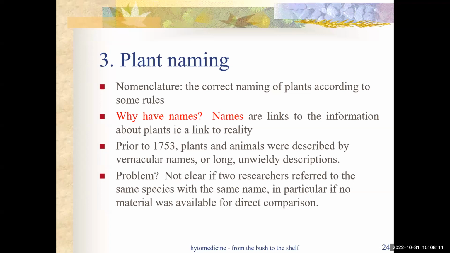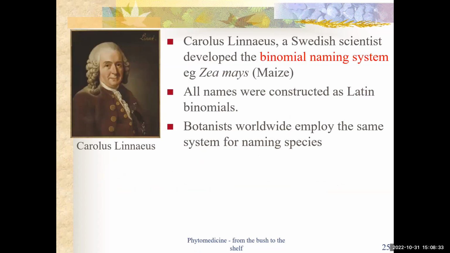So what happened? Carolus Linnaeus decided to use a very logical method. Just name the plant using two names. Every plant species was given two names. And then that became very consistent. And that is what we use to date. So that is Carolus Linnaeus.